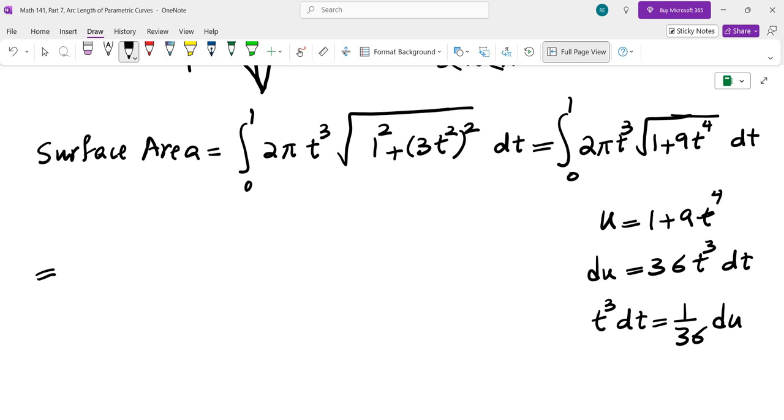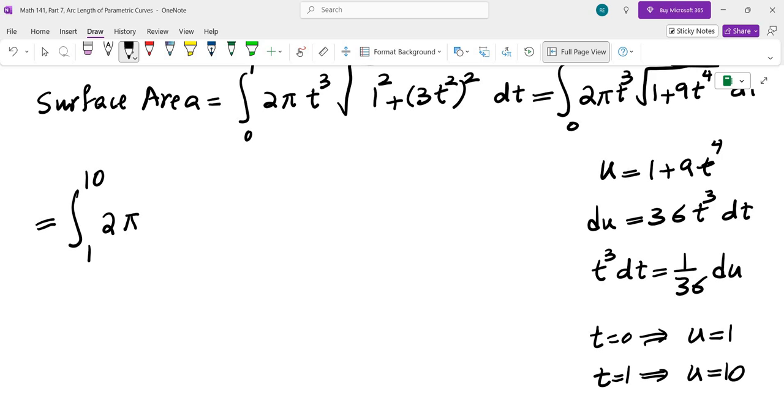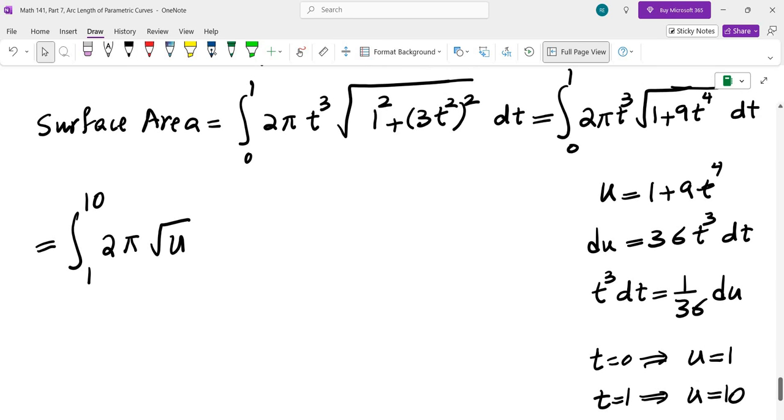This is going to be an integral, and we have to change the limits of integration. When t is 0, u is 1. When t is 1, u is 10. So we get the integral from 1 to 10 of 2π, and then we have root u. Again, t cubed dt, which is right here, is 1 over 36 times du.